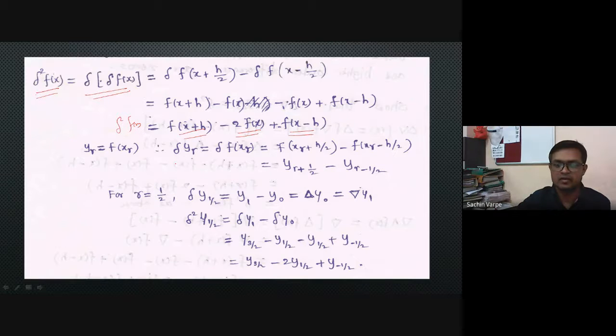So delta yr is delta of f of xr, because corresponding to xr we are having yr, right? And that delta of f of xr is f of xr plus h by 2 minus f of xr minus h by 2. If we denote this by yr plus half and yr minus half, then this is my notation in terms of y. Delta of yr is this.